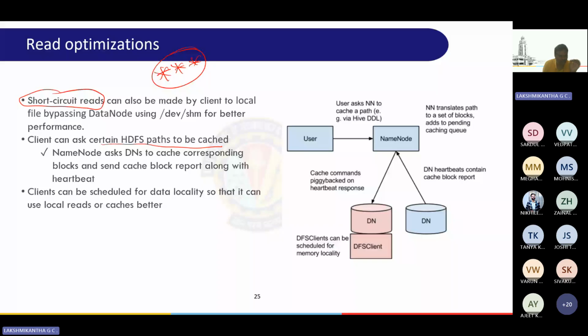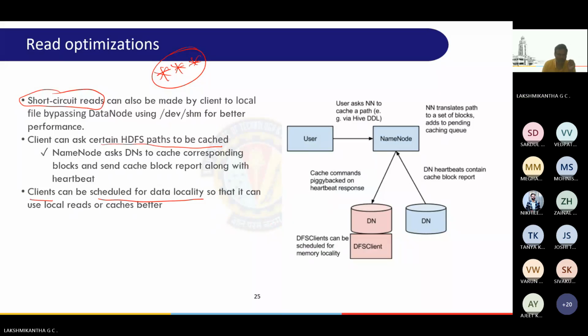And finally, guys, we can also schedule the client for data locality. The meaning of this is the scheduler tries to run the client's job on a node that also holds the data block it needs. This is the ultimate form of data locality. Try to understand this.